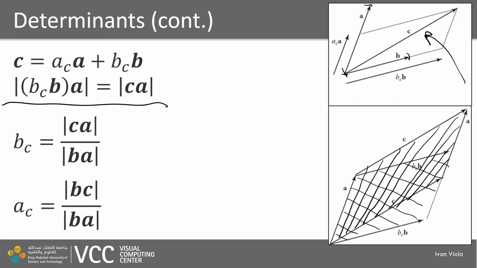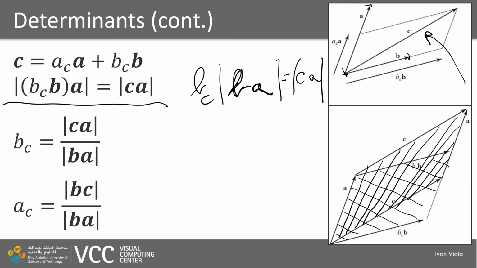And if we take it out, then we have the following formula. BC times BA is equal to CA.